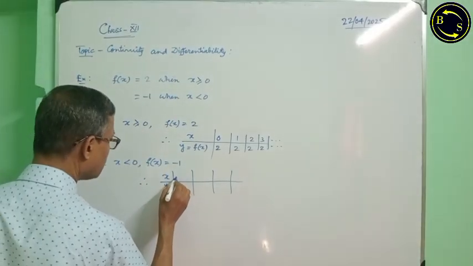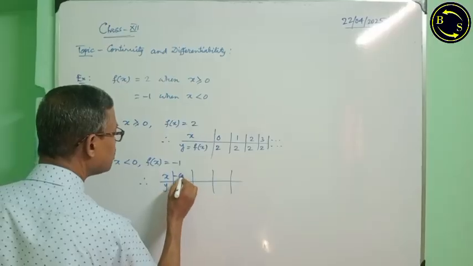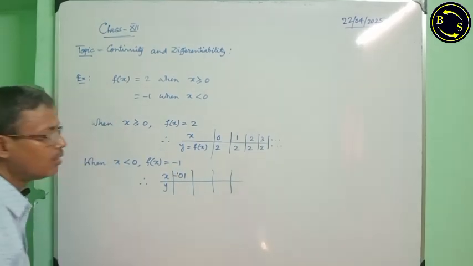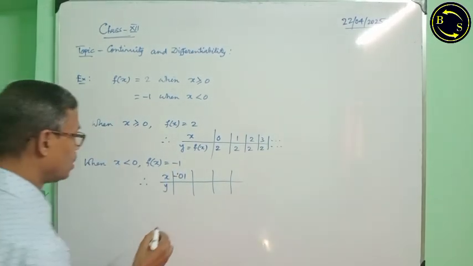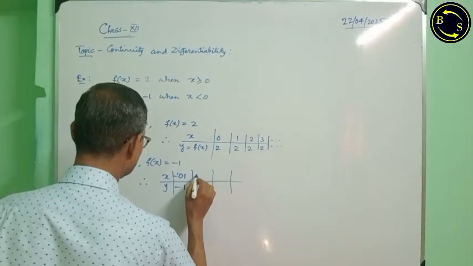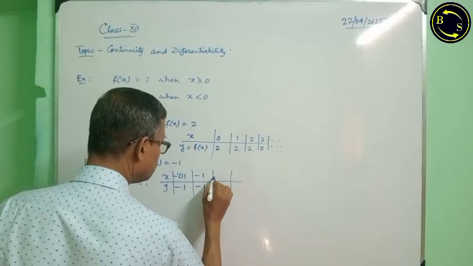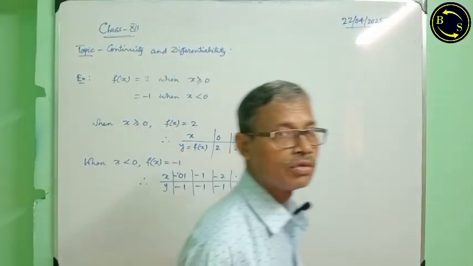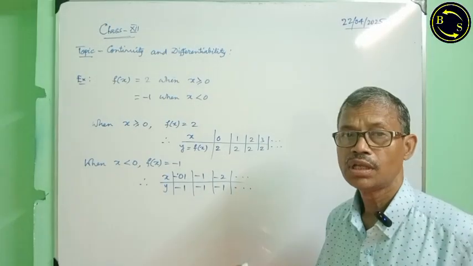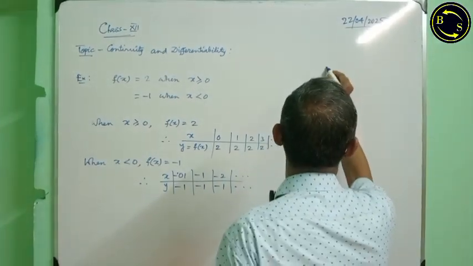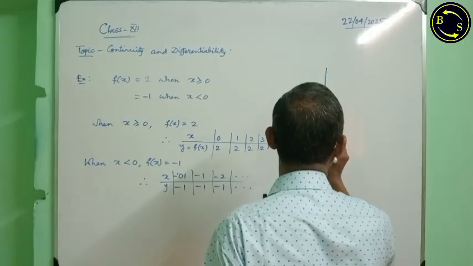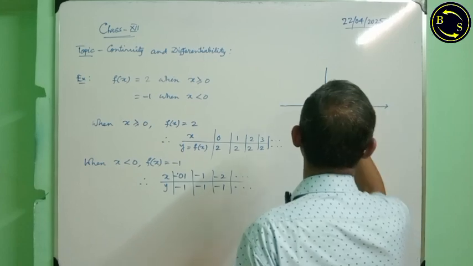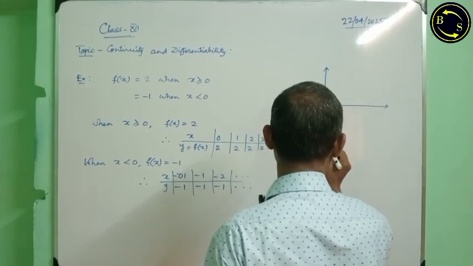That is why I take minus, close to the origin. Thus, two tables have been framed. Now, we draw the graph.